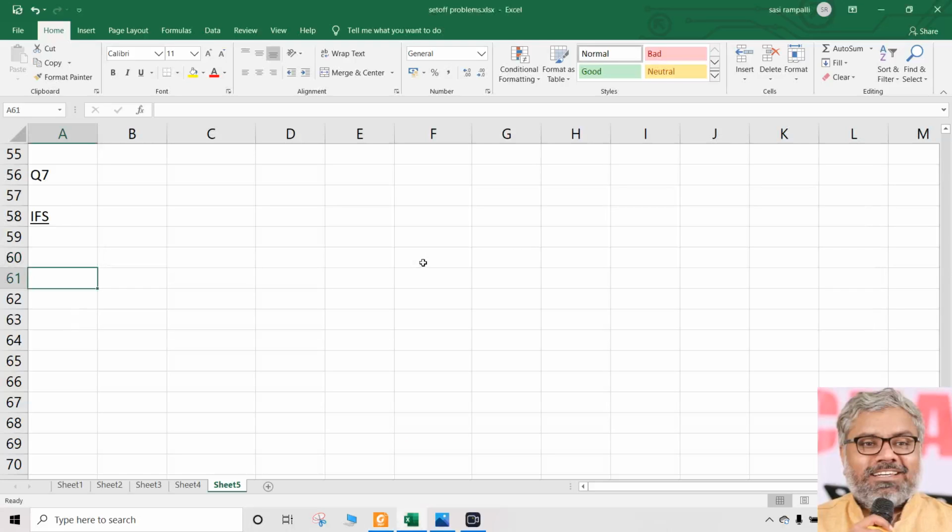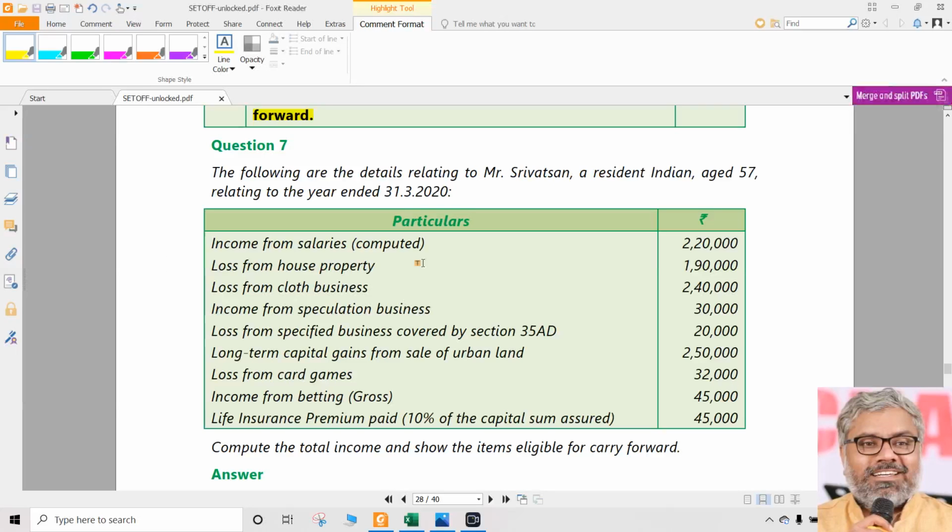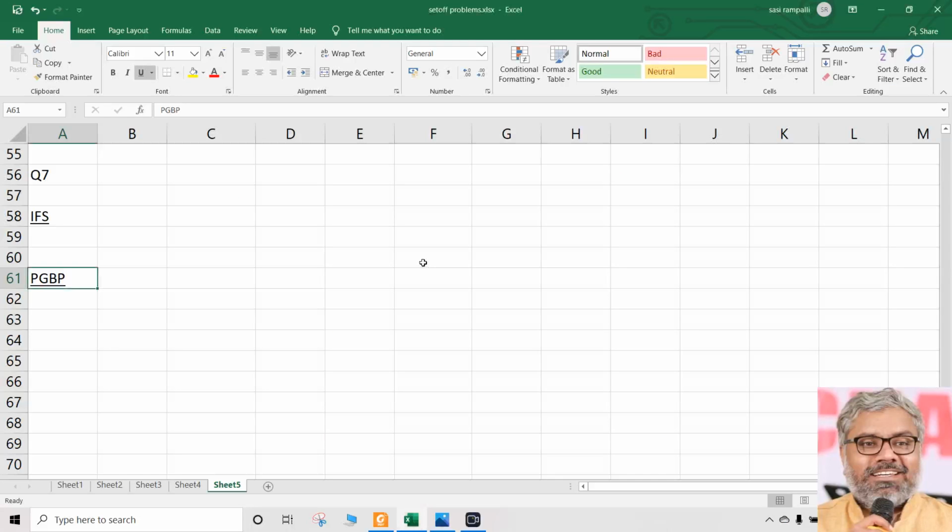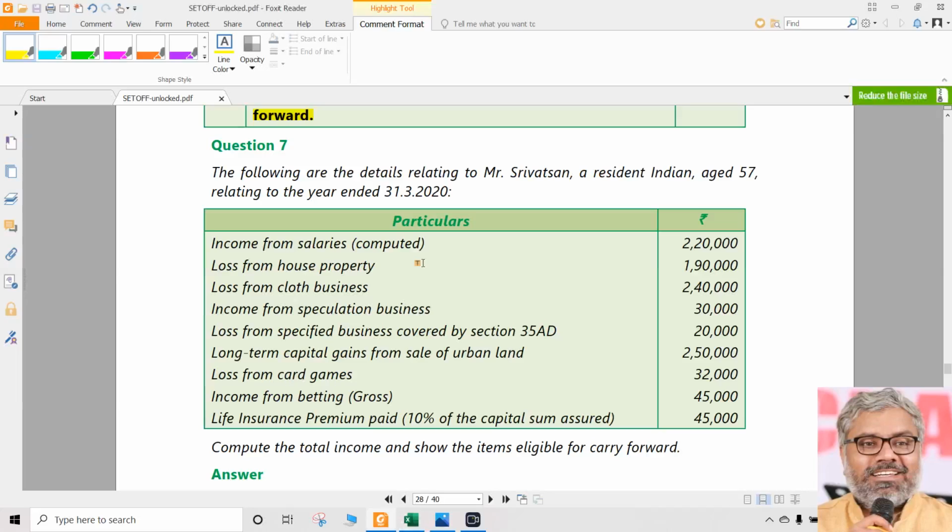Then leave some space for whatever you can write, PGBP. I am leaving lesser space because I have to put it on screen. You can give bigger space on pages, that is better. Always leave sufficient space so you will not mess up the answers. If you leave very small space, you will always have an issue of where to fit it when it comes. So don't be stingy about leaving space. That is always a fundamental principle in presentation.